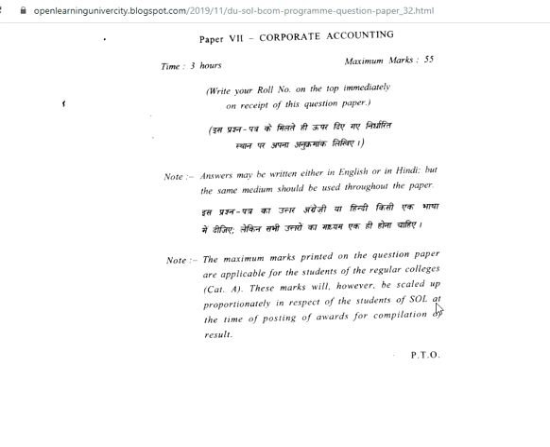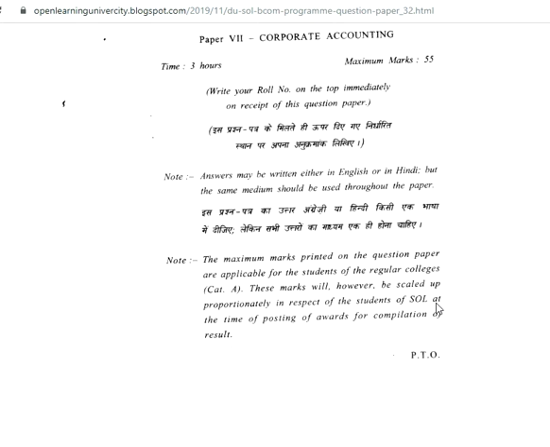And some more details: you have to write your roll number on the top of the paper, and answers may be written either in English or in Hindi, but the same medium should be used throughout the paper. So that means you have to write your answers either in Hindi or in English. आपको ये क्वेश्चन या तो हिंदी में अटैम्प्ट करने पड़ेंगे, या फिर इंग्लिश लैंग्वेज में, बट पूरे पेपर में आपको वही लैंग्वेज यूज़ करनी पड़ेगी.